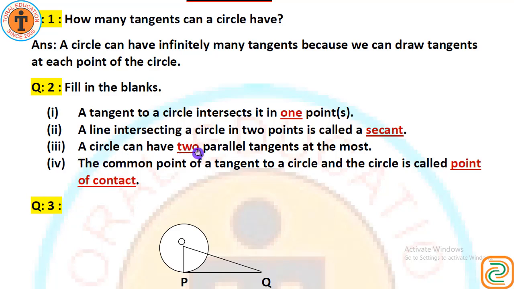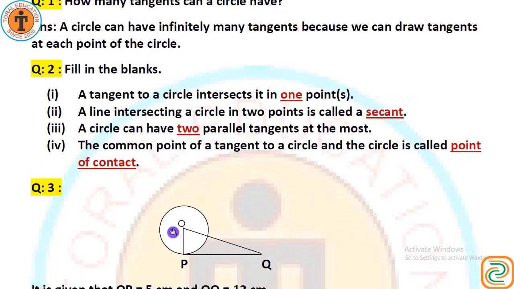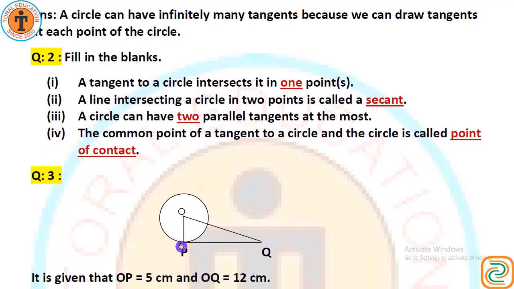A circle can have two parallel tangents at the most. One tangent is at P. If we draw another tangent here, it will be parallel. The common point of a tangent to a circle and the circle is called the point of contact.